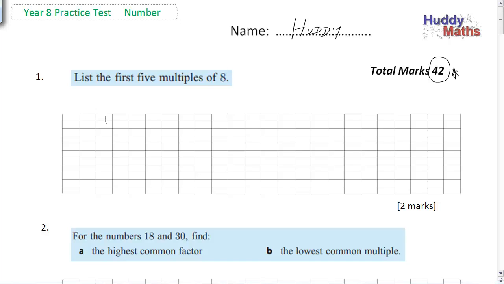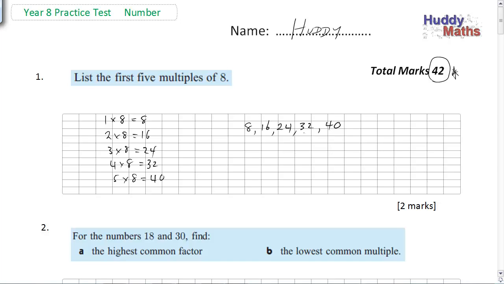Well, multiples are whole numbers times the number. 1 eight is 8. 2 eights are 16. 3 eights are 24, 4 eights are 32, 5 eights are 40. So if we listed the multiples, they would be 8, 16, 24, 32 and 40.